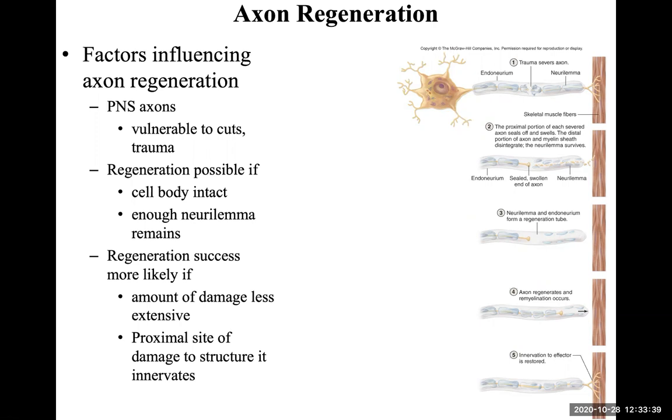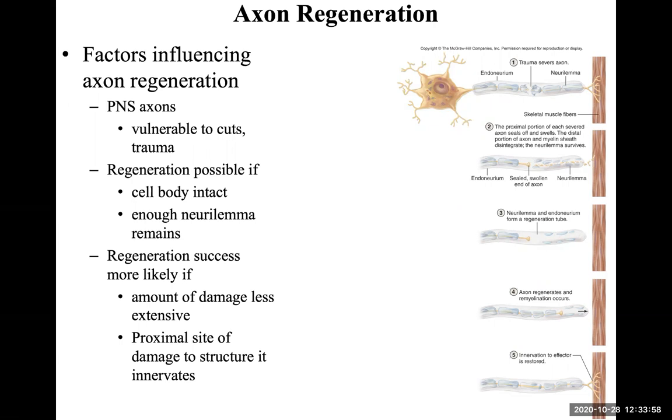Within the peripheral nervous system, if you think about, I use the example of a neuron that is innervating the palm of your hand, peripheral nervous system axons are much more likely to be damaged, right? If you had a laceration on the palm of your hand, for example.